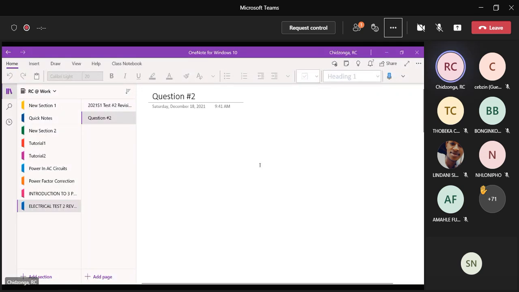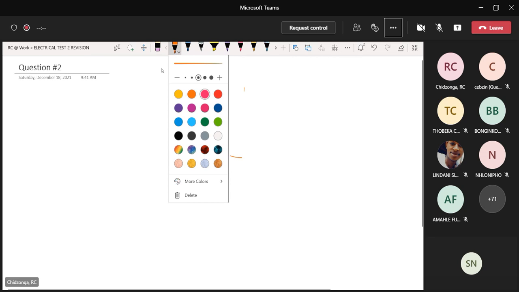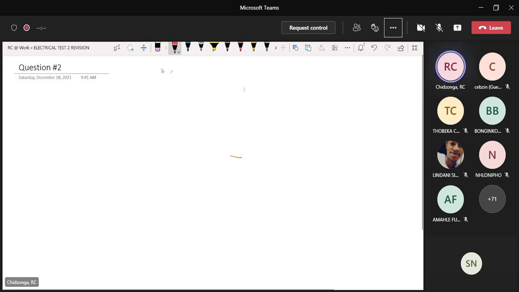All right. So question 2. You are given a network. Now observe the parameters. In this question, the circuit, I'll draw the circuit here.